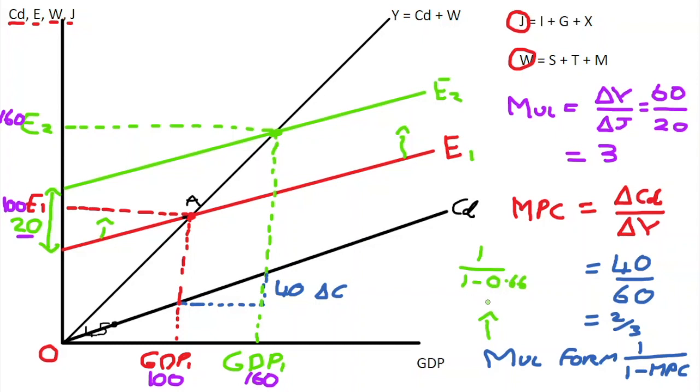And in that case, our multiplier works out to be 3. So in our situation here, for every euro that's spent, the impact on the economy is 3 times that amount, which shows the effectiveness of fiscal policy to stimulate and to multiply up the size of the economy.